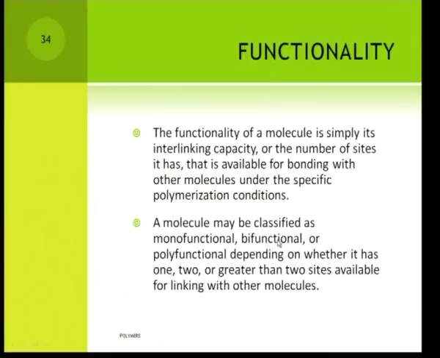A molecule may be classified as monofunctional, bifunctional or polyfunctional depending on the number of functional units present in that compound. Depending on the number of binding sites available in the molecule, it is classified as monofunctional, bifunctional or polyfunctional, according to whether it has 1, 2 or more than 2 sites available for linking with other similar molecules.